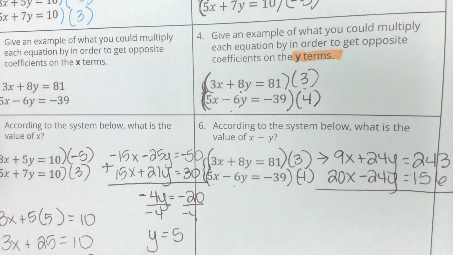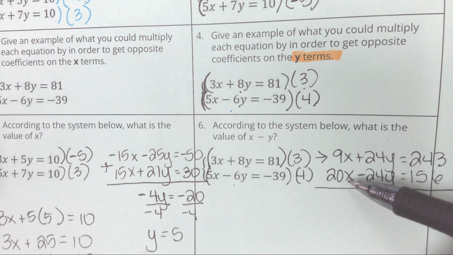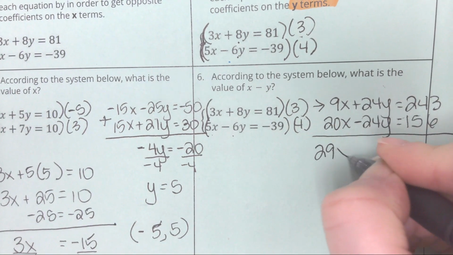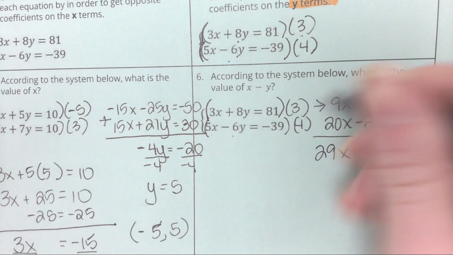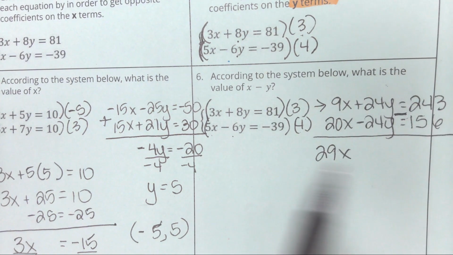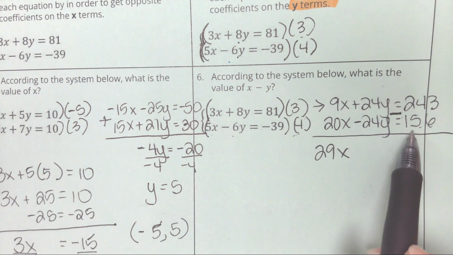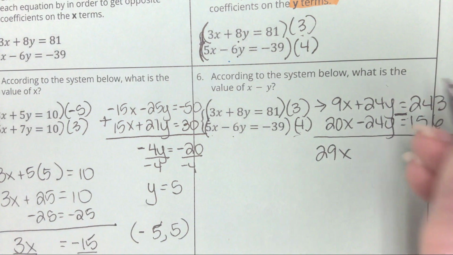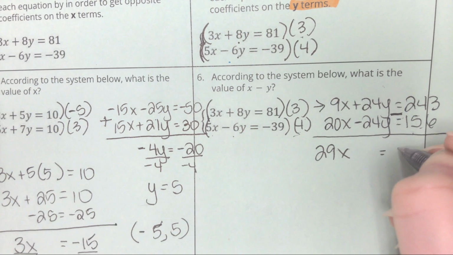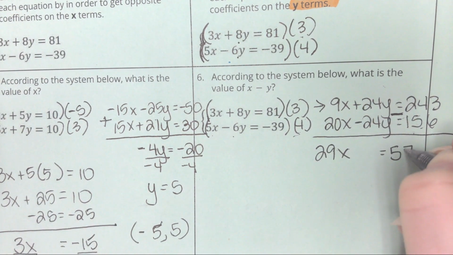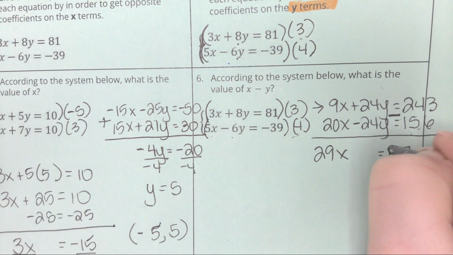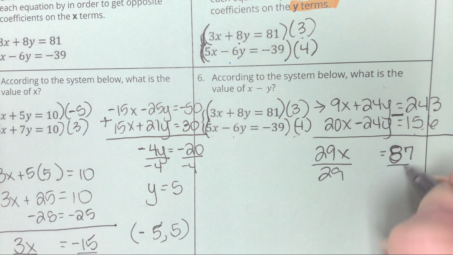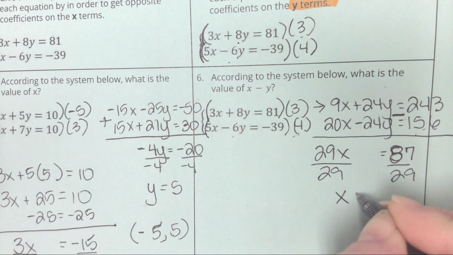What's 9x plus 20x? 29x. And just be careful that this is a negative, be careful of the sign. This is a negative 156. So 243 plus a negative 156. What's that? 87. Divide by 29, you should get x equals 3.